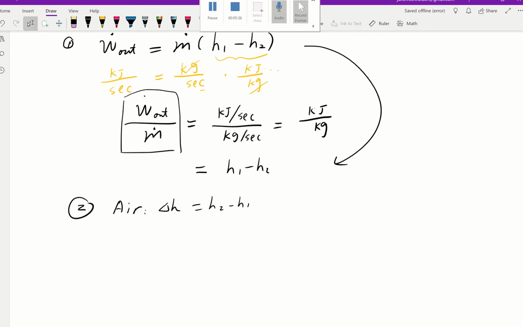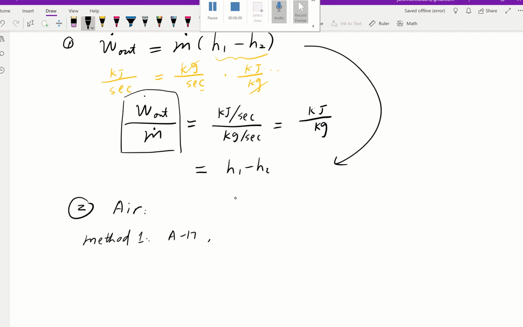Method number 1, using table A17. I'm actually going to erase this because I might confuse.